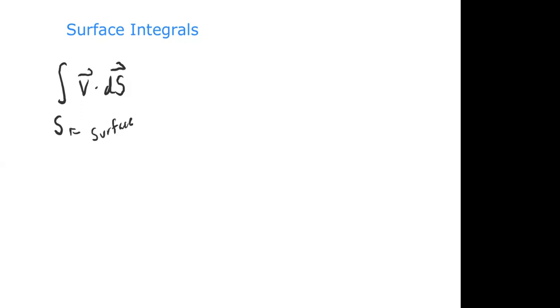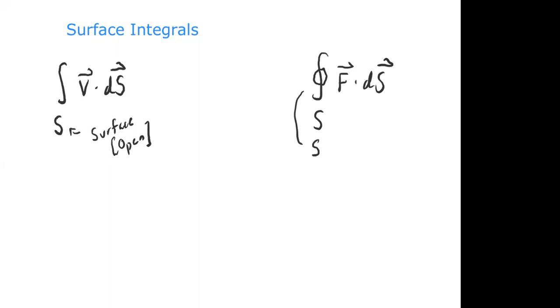And I should say something that I didn't emphasize last time. Here, this integral is over an open surface, as opposed to an example where the surface integral is done over a surface that's closed, and that's what the circle through the integral means.